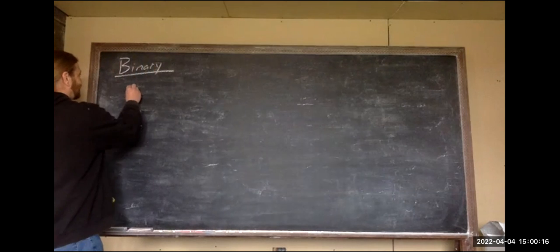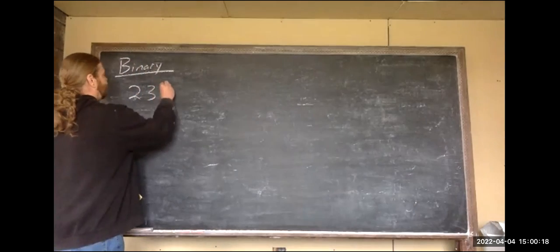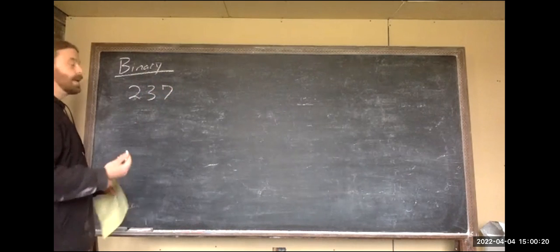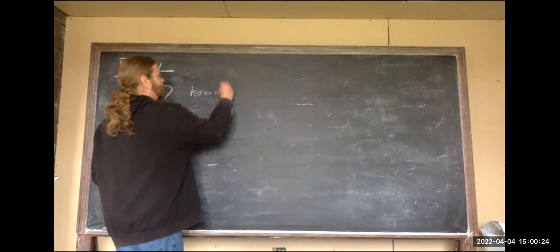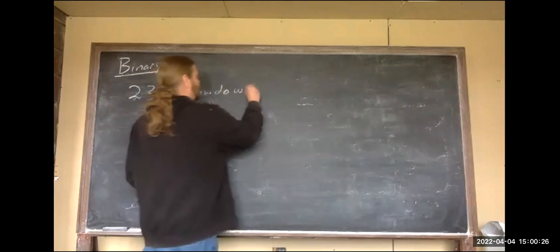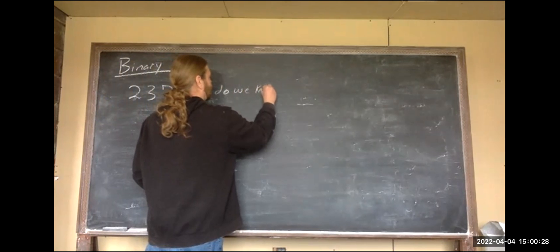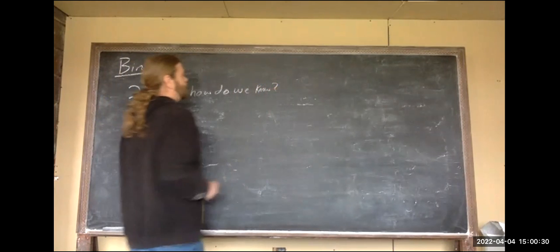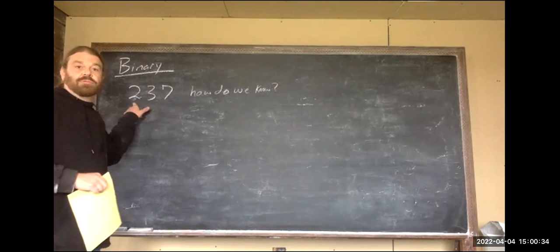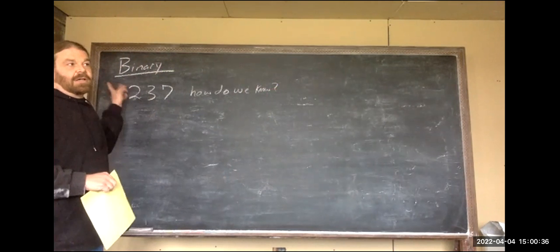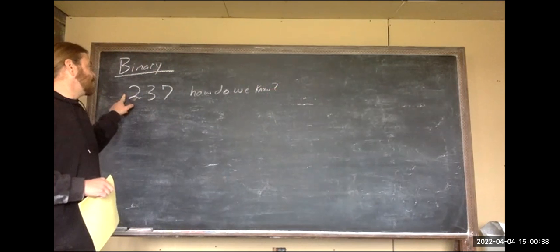And that's if we have this number, 237. How do we know what this means? When I write this up here, everybody knows what that represents, right? We put a dollar sign, it could be dollars.